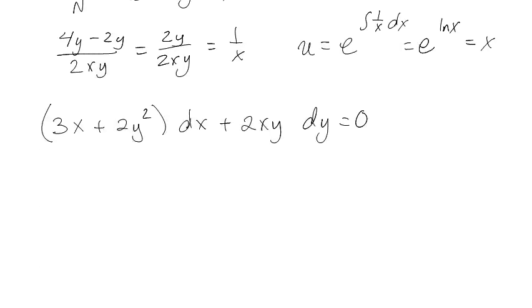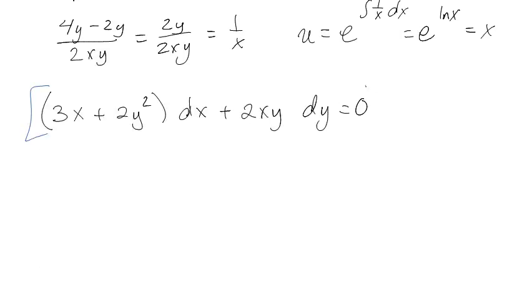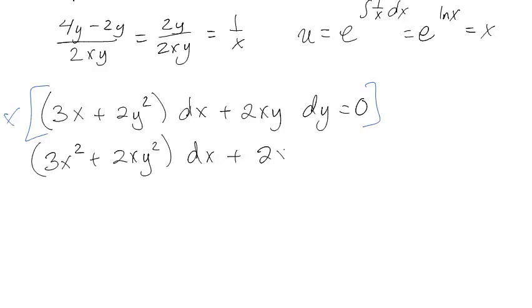We're going to multiply this entire equation by x, because when we check to see if this is exact, it's actually going to turn out to be exact, which means we can use that method to solve the differential equation, which is pretty cool.